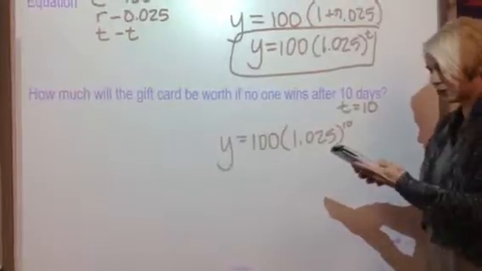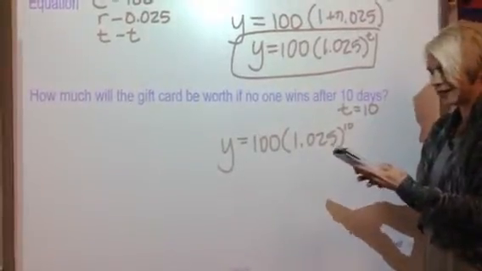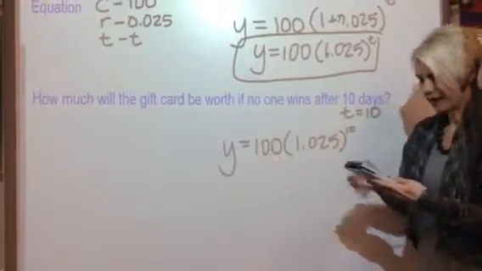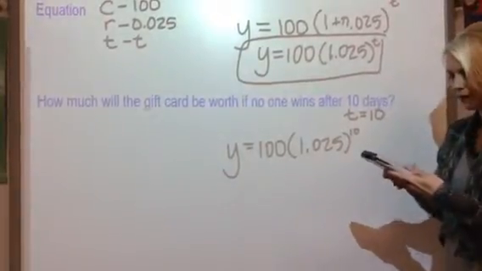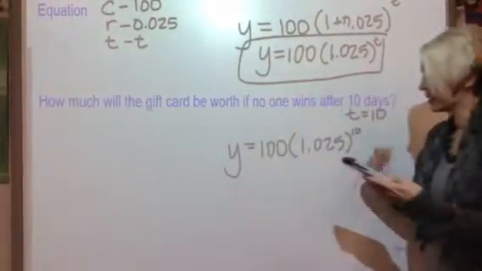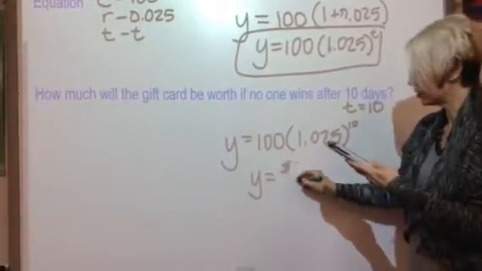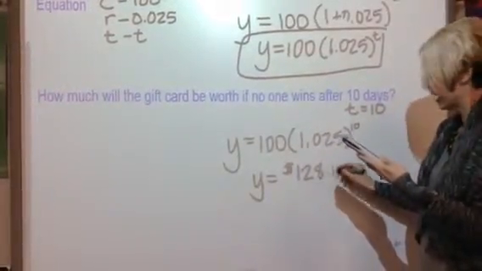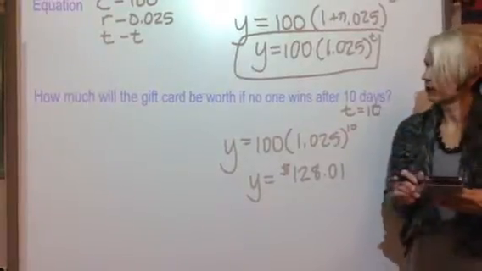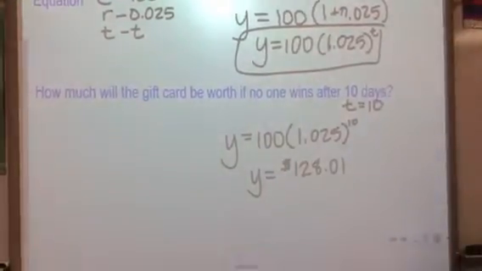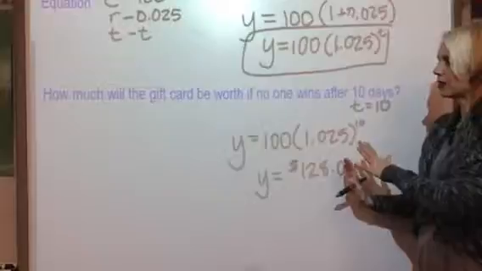So we do 1.025 to the power of 10, and then you're going to multiply that by 100, and you get, and this is going to be in money, so you can go to the nearest cent here, $128.01. Okay, so questions on this, make sure you let me know.